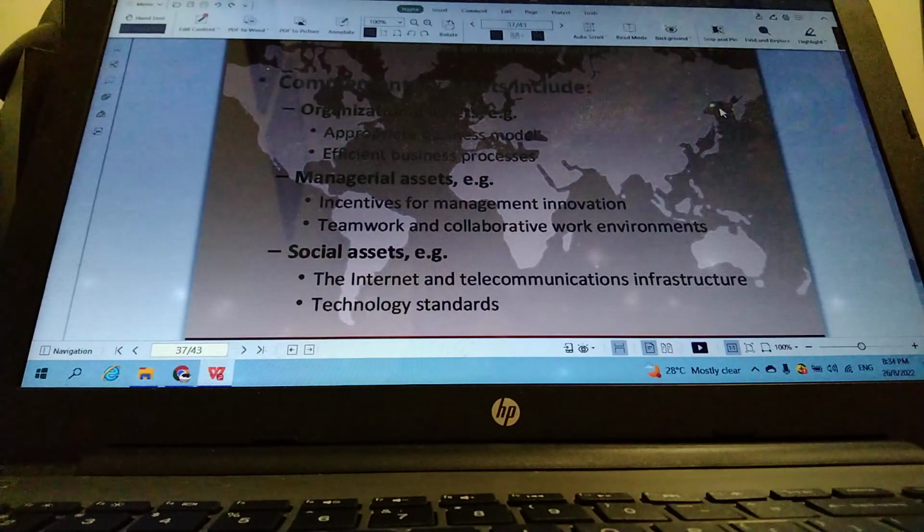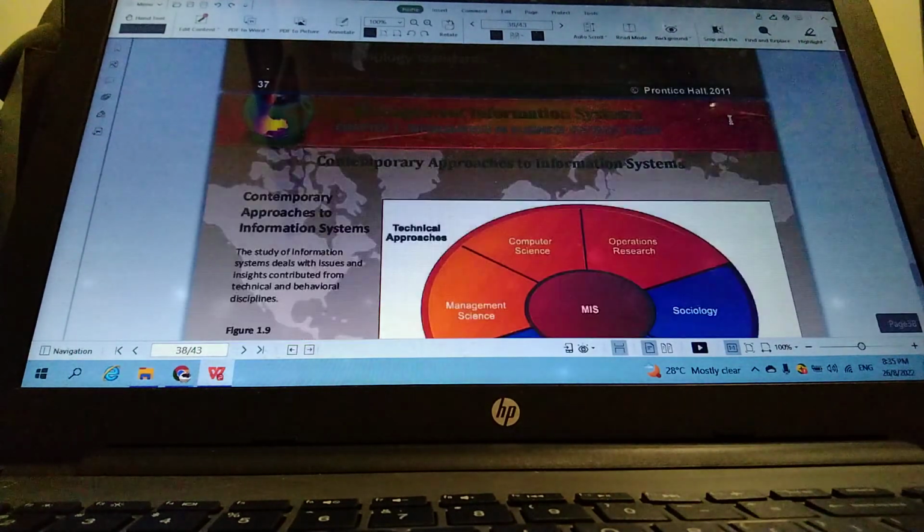So the IT responsibility over here is to make sure the social assets are taken care of, reliable, up and running for the users, business users, to carry out their daily jobs to meet the business requirement. So when all these complementary assets work as per the requirement, as per the expectation, then we can see good returns. Otherwise, definitely there will be a lot of challenges, issues and problems along the way.